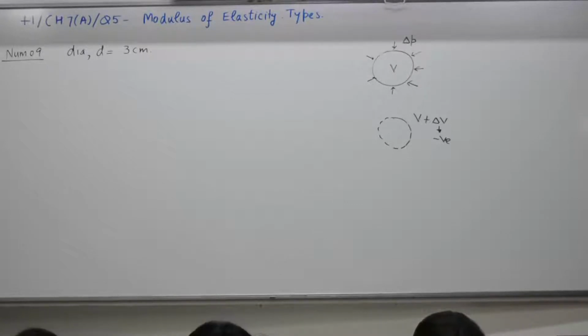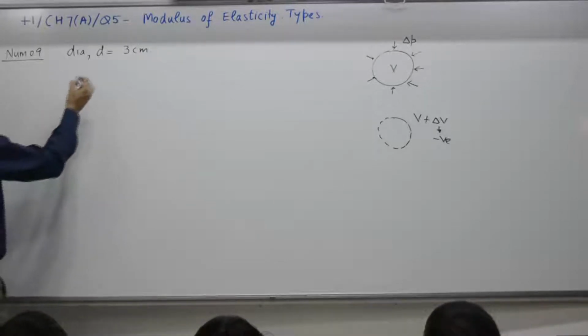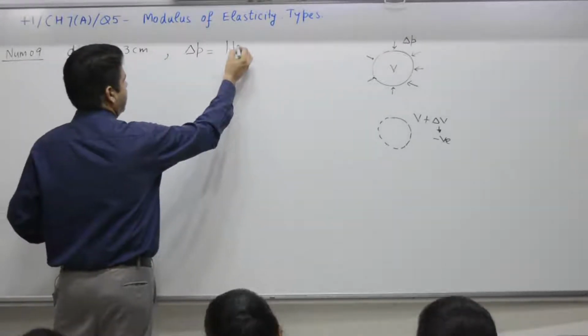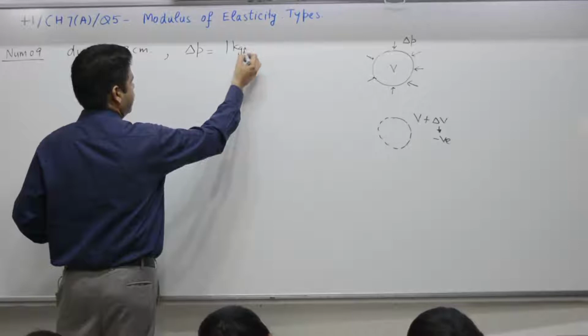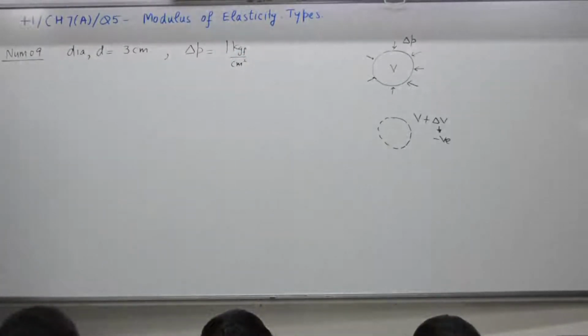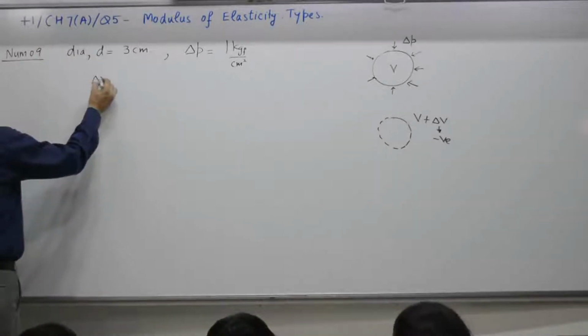Pressure is 1 kilogram force or weight per centimeter square. Find the change in volume. You have to find out what? Delta V.